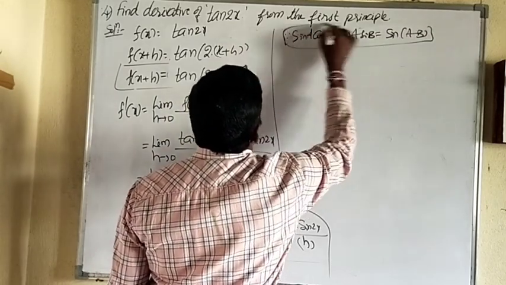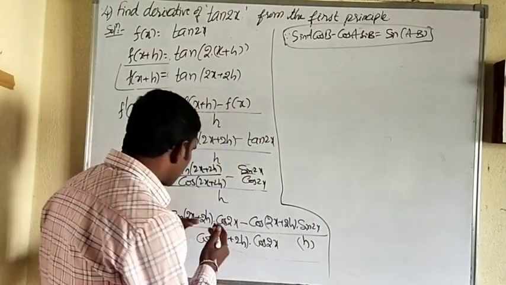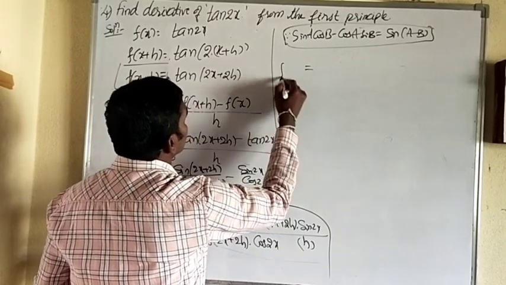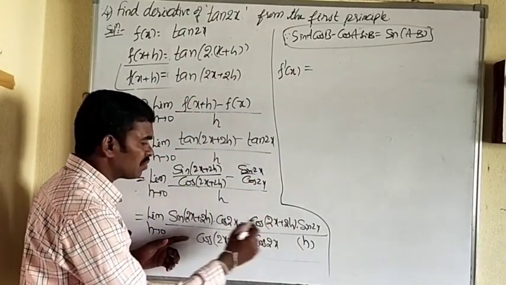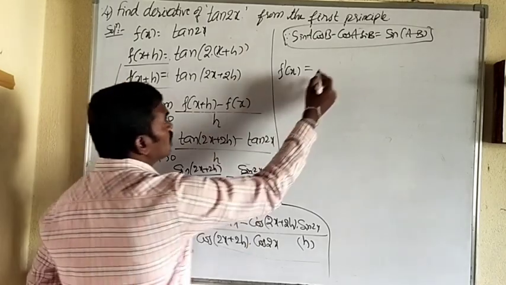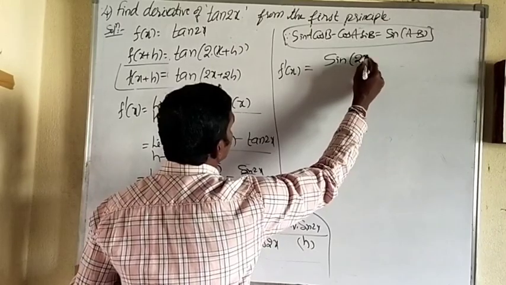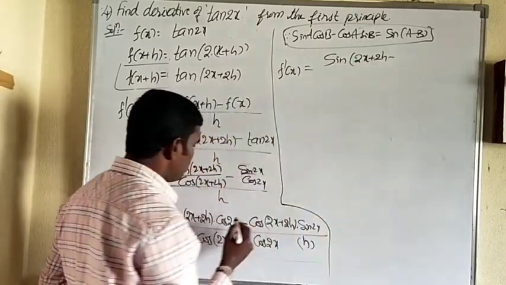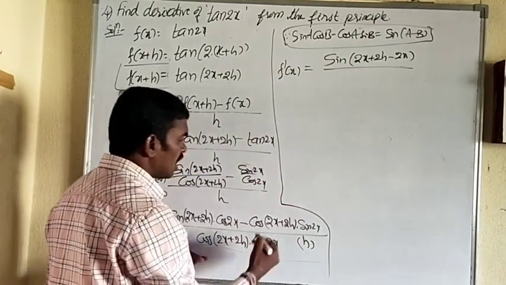You can even write it on the right side of the page. After this, the next step is f dash of x, where sin a cos b minus cos a sin b is equal to sin of a minus b. So very simply we can finish. Sin of a minus b means a is 2x plus 2h minus b, which is 2x. The denominator terms stay as they are.